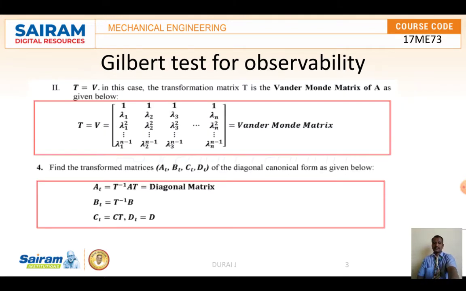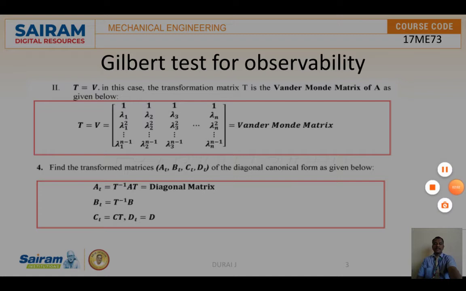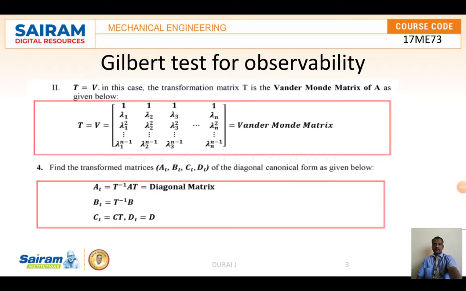Next, T is equal to V. In this case, the transformation matrix T is the Vandermonde matrix of A. So T is equal to V, where the first row is 1, 1, 1. The second row is lambda 1, lambda 2, lambda 3 dot lambda n.